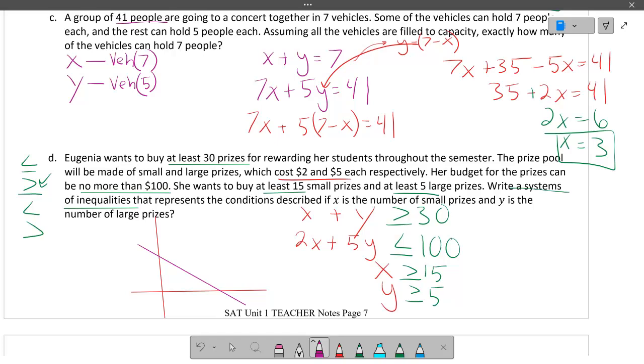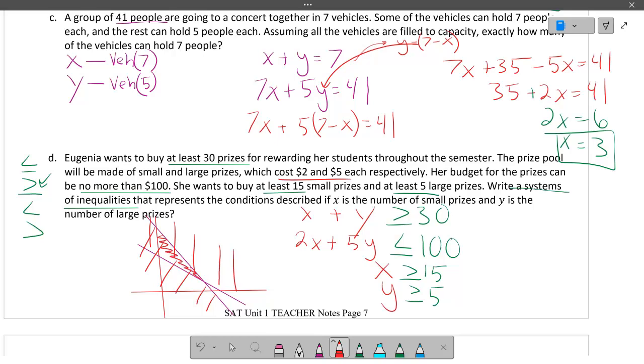So one like this and one like this, okay? And so we'd have a shaded region kind of down here, and then another shaded region up here, and their overlap is this area in the middle.